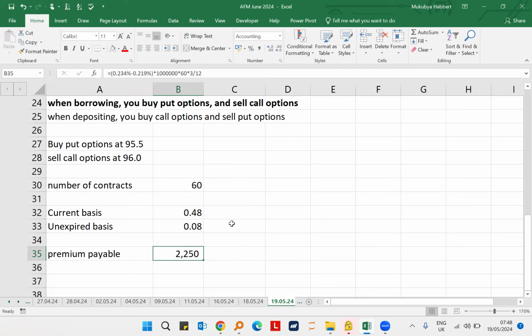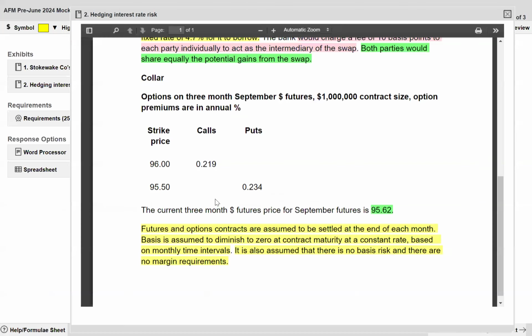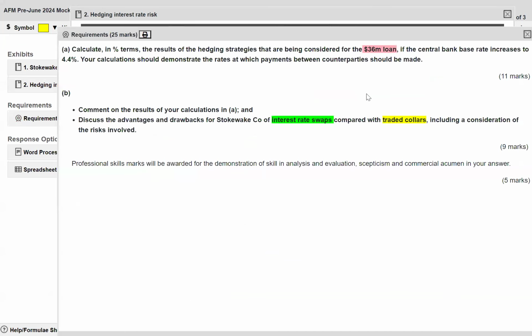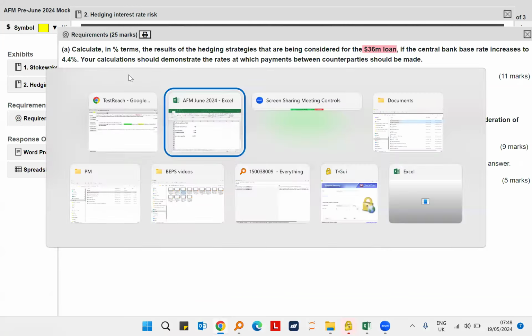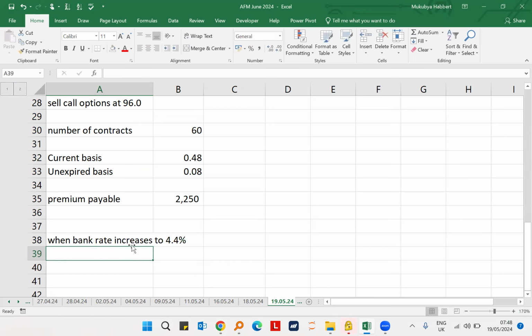So after getting the premium payable, now we have been told that they want us to look at this when the bank rate increases to 4.4%.